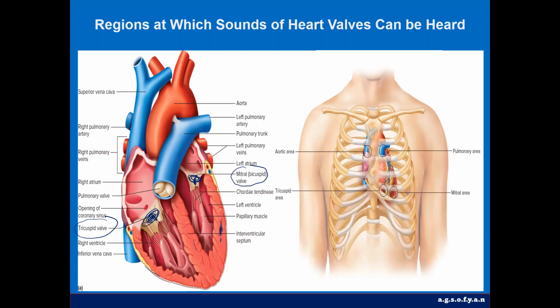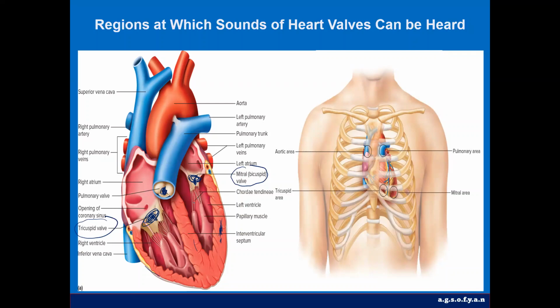And at the same time, when the ventricle is contracting, it will open this door, the pulmonary valve and also the aortic valve. You cannot see the aortic valve because it is behind this pulmonary trunk.